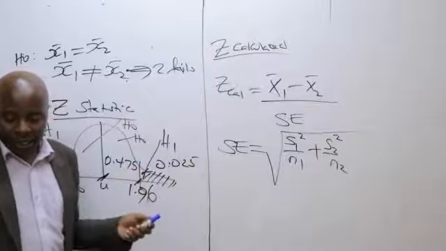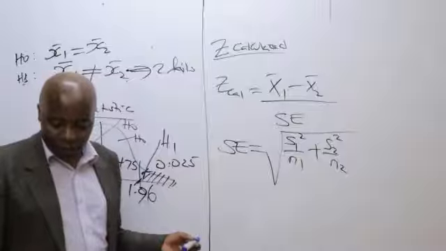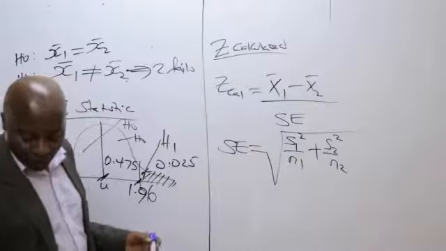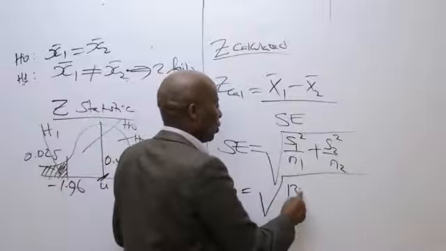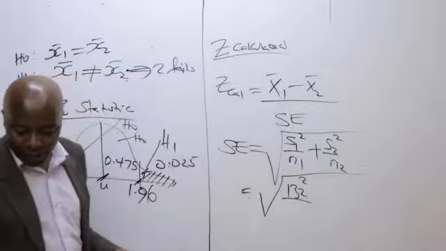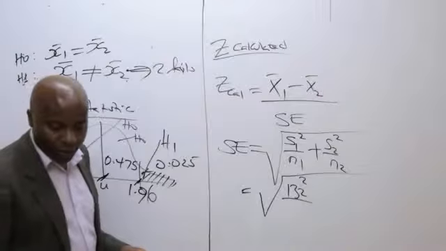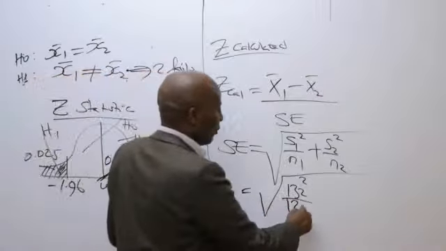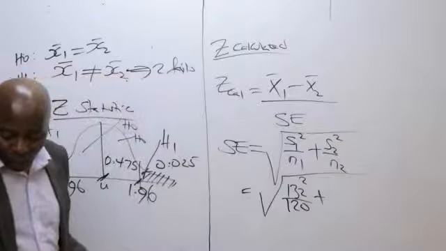So the examiners, remember S stands for standard deviation. So for X it is 132. So I'll talk of 132 squared all over N1, sample size 1, which is 120. Plus, ladies and gentlemen, sample 2, standard deviation is 149.